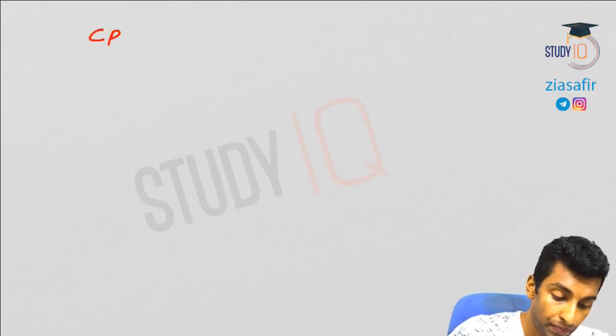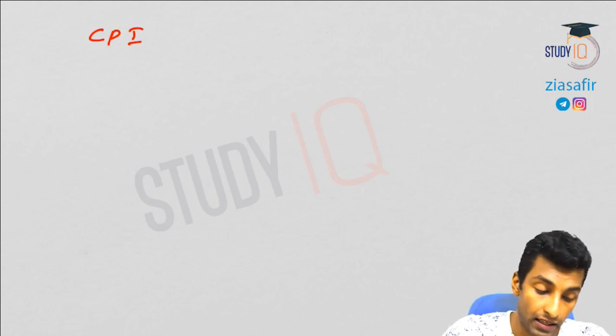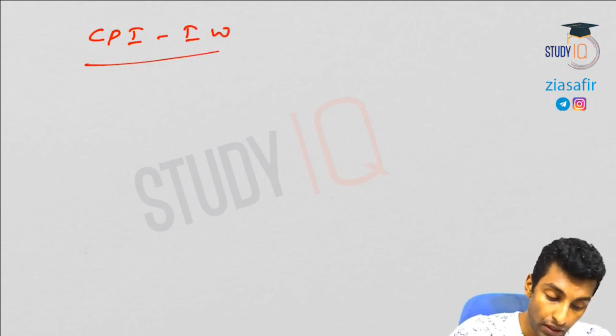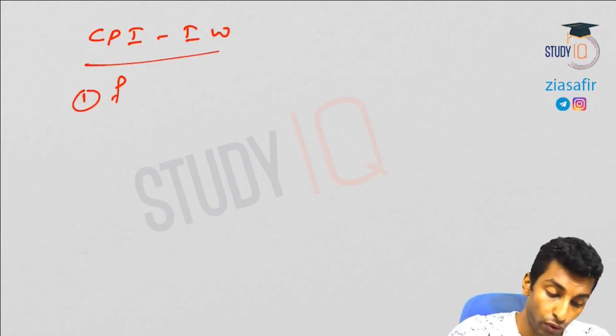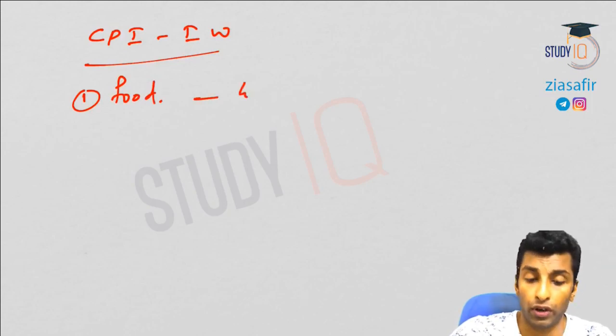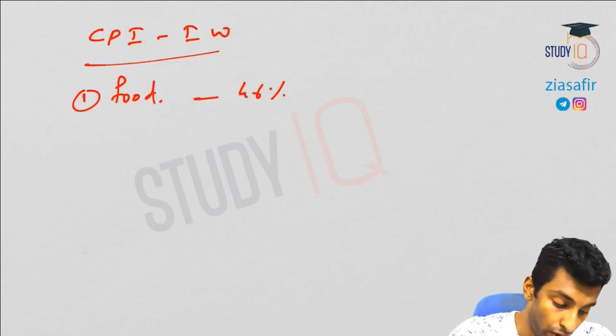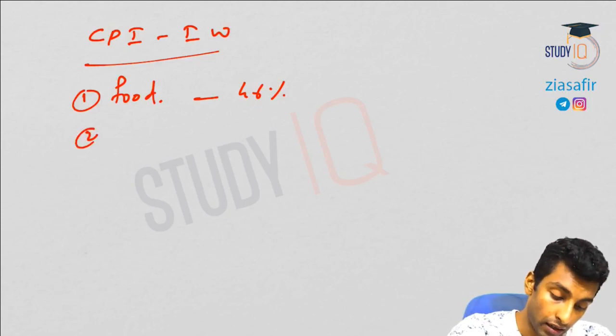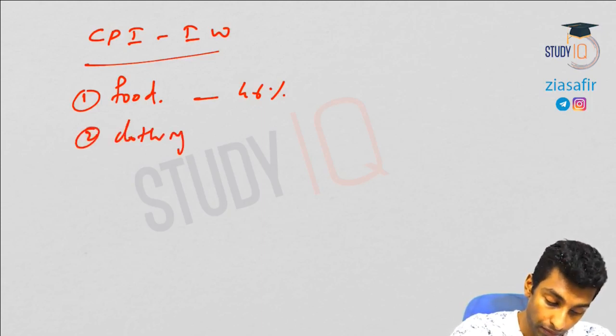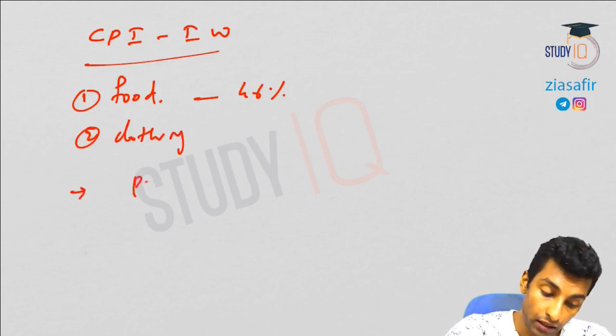So CPI, the consumer price index for industrial workers. So what are the items? I'll tell you food. Okay, mostly food. Around 46 maximum weightage is actually given for food, then clothing, pan, supari, gutka.